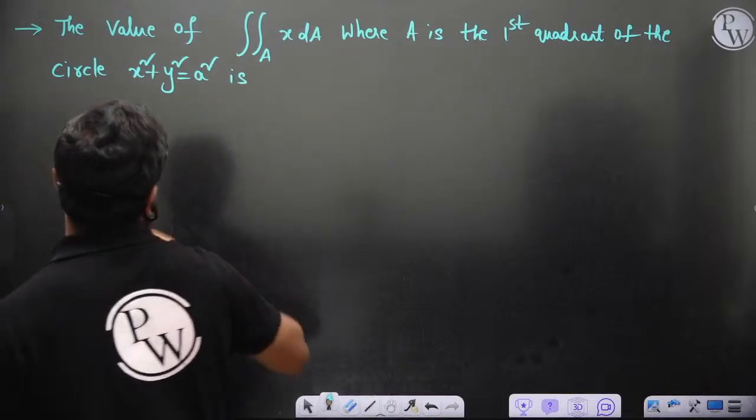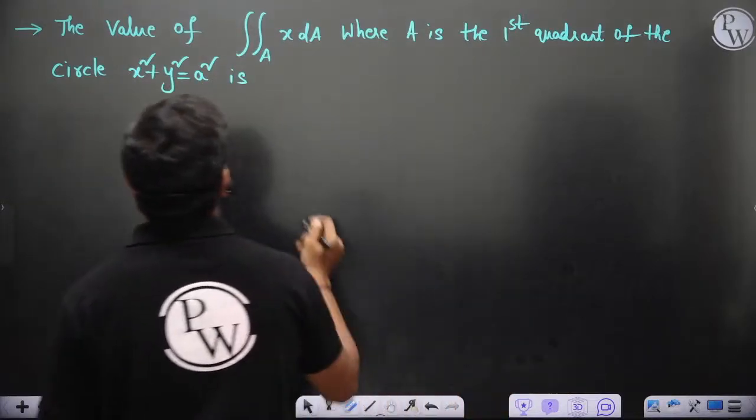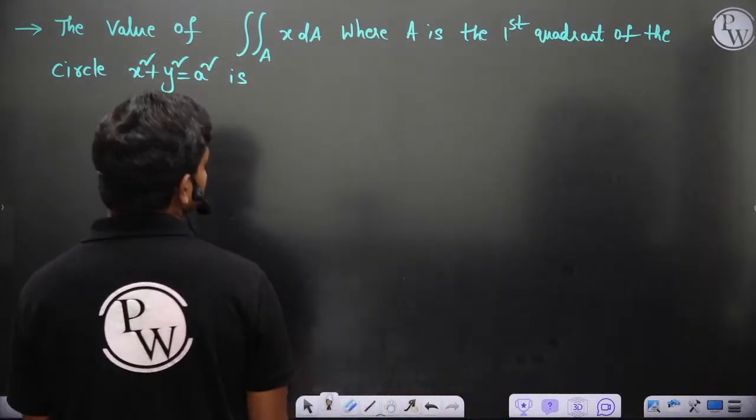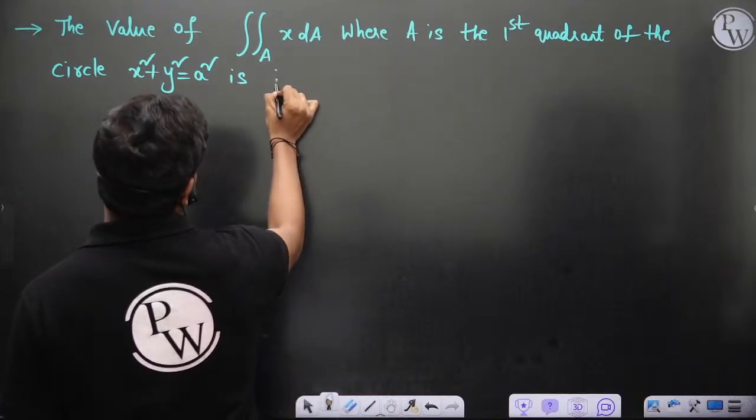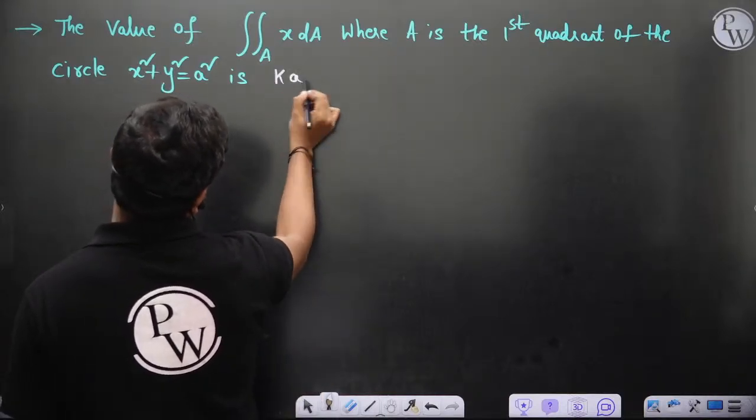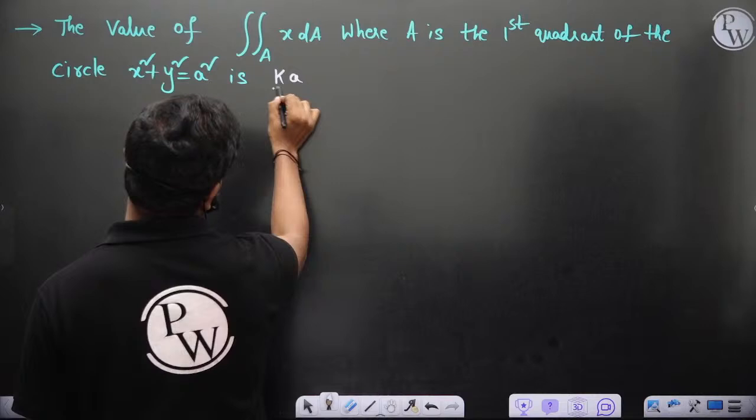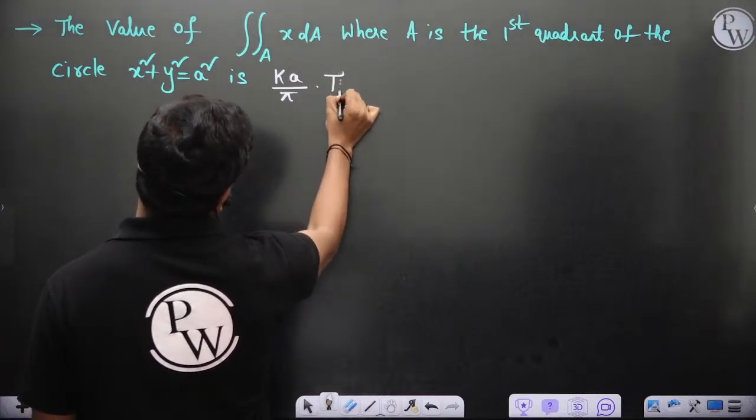I'm just giving you some notation, that's it. First quadrant, so k a by pi, the value of k is dash.